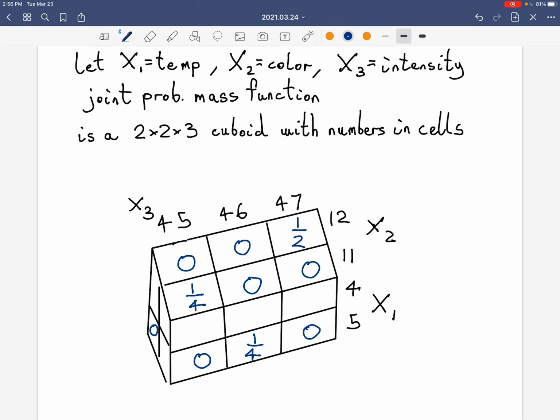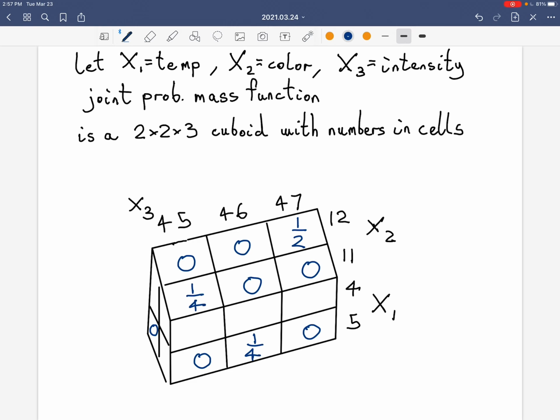But anyways, I've drawn it here as a 2 by 2 by 3 cuboid with labels for the possible values of color, temperature, and intensity. So I have 12 cells here because 2 times 2 times 3 is 12.